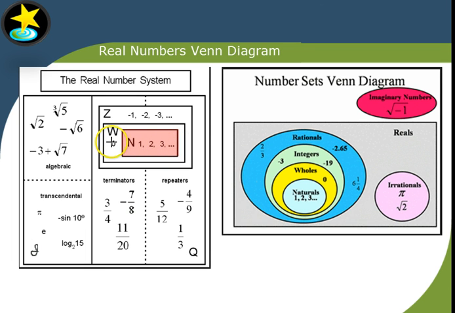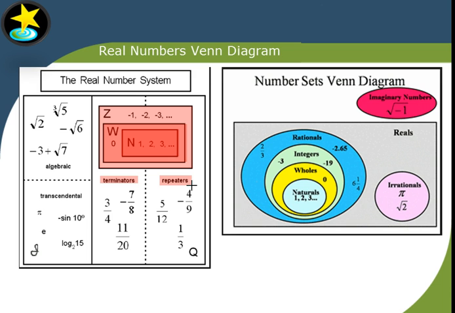When we add 0 to this, what we get is whole numbers, and further when we add negative integers to this, what we get is the entire set of integers. What is still missing is fractions, and these fractions can further be divided into terminators and repeaters.